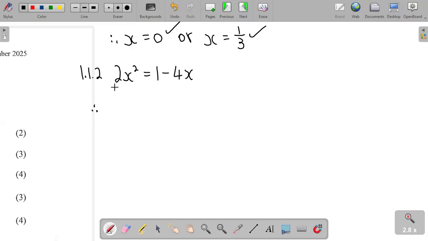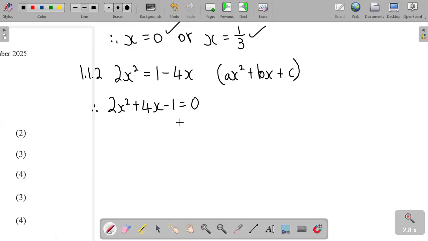That means therefore we can rearrange this into standard form. What is the standard form? Standard form is ax squared plus bx plus c. So we rearrange this, and we get 2x squared plus 4x minus 1 equals 0, so that the 4 becomes positive when it comes to the left.